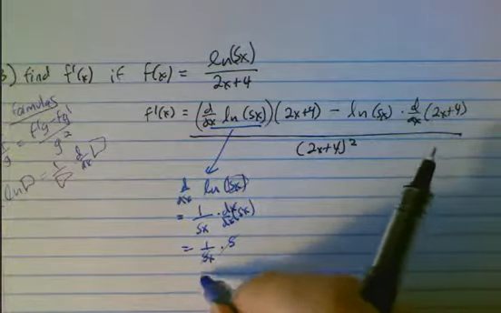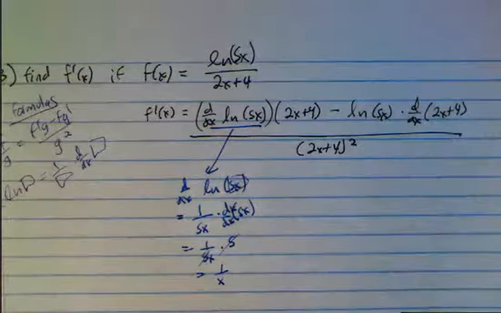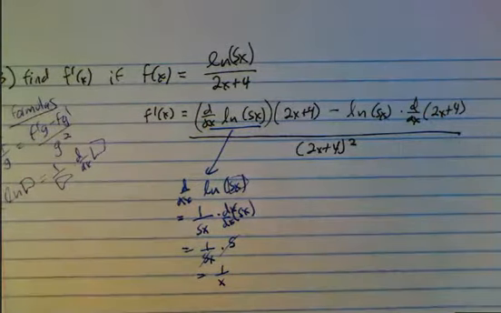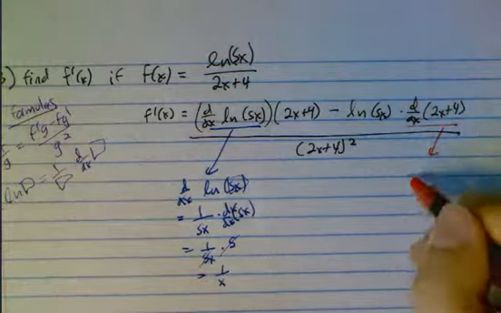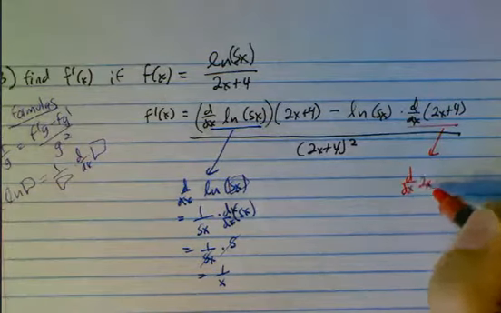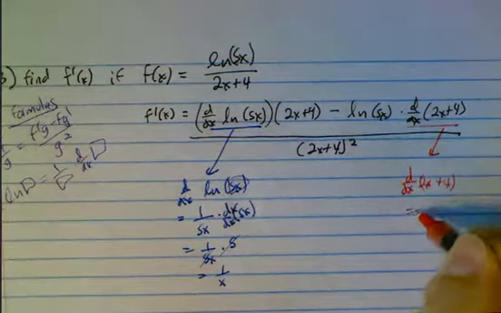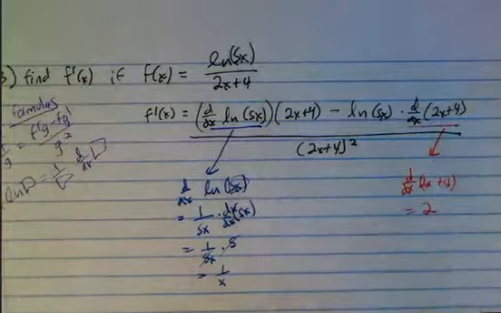The 5's cancel right out, just leaving us with 1 over x. Over here, derivative of 2x plus 4 is 2, and that's all there is to it.